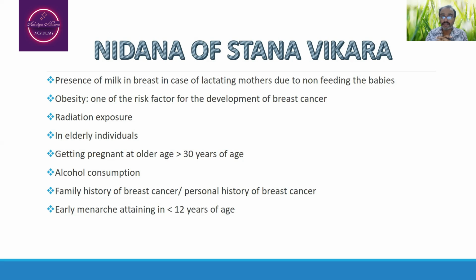In case of elderly individuals, the women who are getting pregnant after the older age group, that means if the age is more than 30 years, the risk of the malignancy of the breast will be high. Alcohol consumption may be another risk factor.